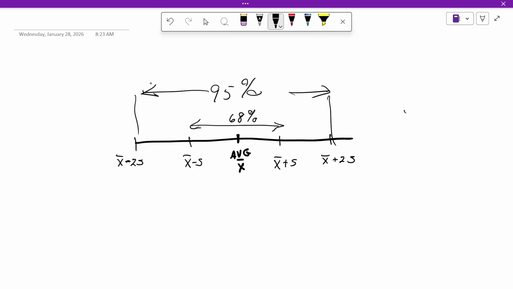This is called the empirical rule. 1 standard deviation up and down covers 68% of the population. 2 standard deviations up and 2 down covers 95% of the population.